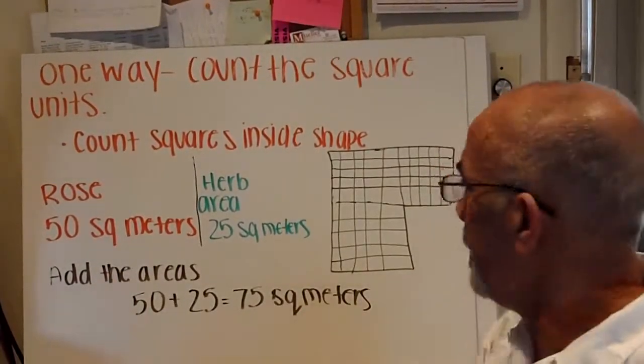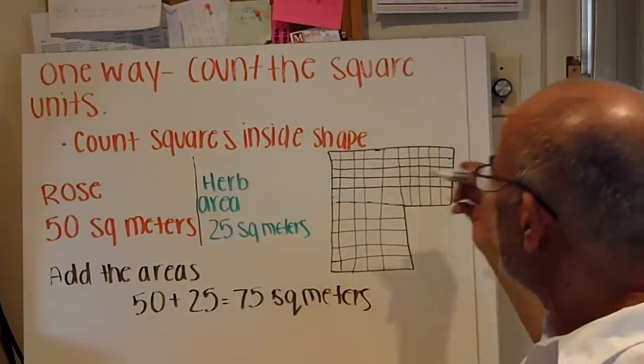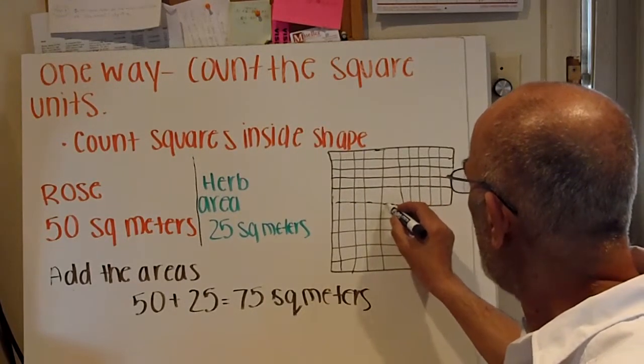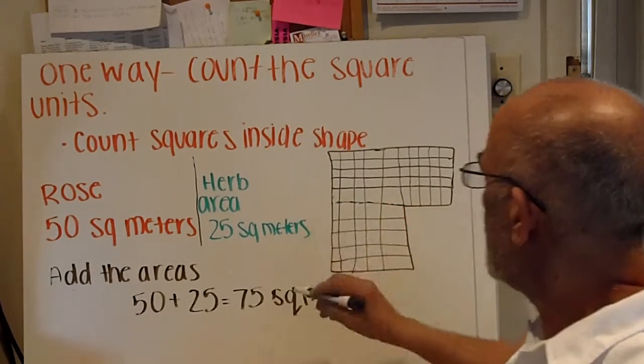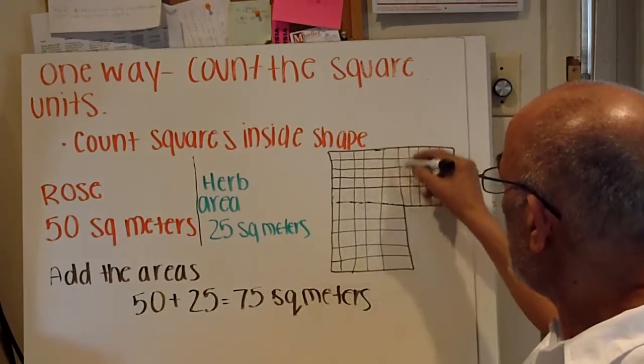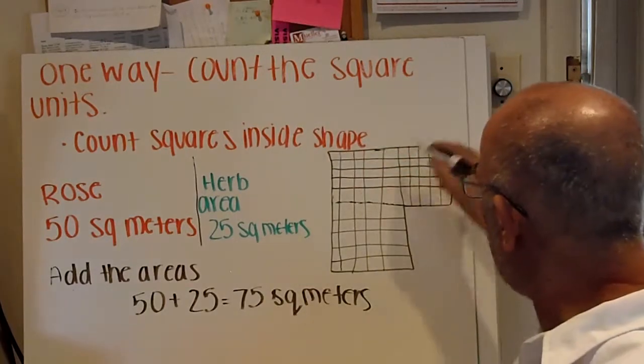One way of doing it would be to count the squares. If I started counting, and here we have the division we made, we have 5, 10, 15, 20, 25, 30, 35, 40, 45, 50. 50 squares on top.